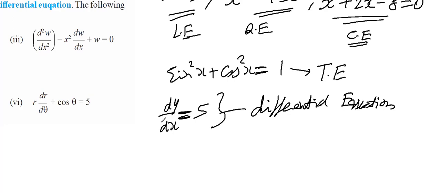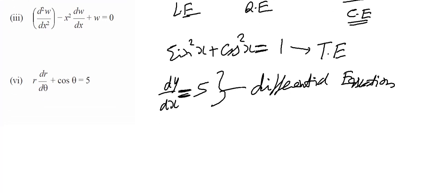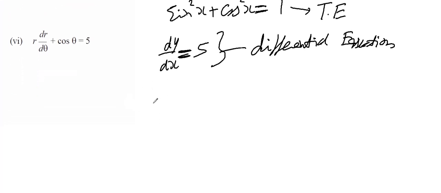How many different kinds of differential equations can you have? You can have d2y by dx square is equal to 0, dy by dx is equal to 0, d3x by dx cube is equal to 0.